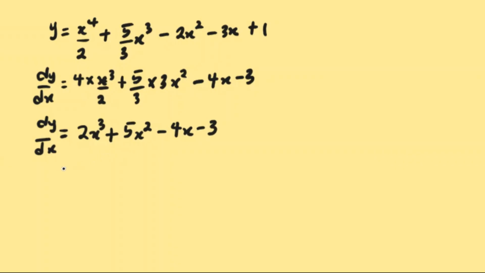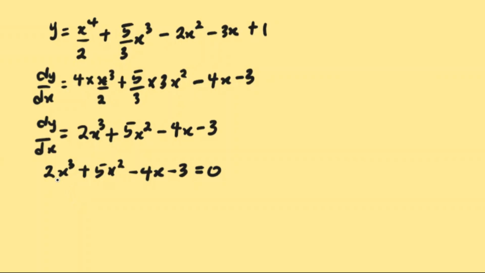So basically, dy/dx is equal to 2x raised to the power of 3 plus 5x squared minus 4x minus 3. The dy/dx is equal to 0. That's the first condition. It means that 2x raised to the power of 3 plus 5x squared minus 4x minus 3 will now give us 0.